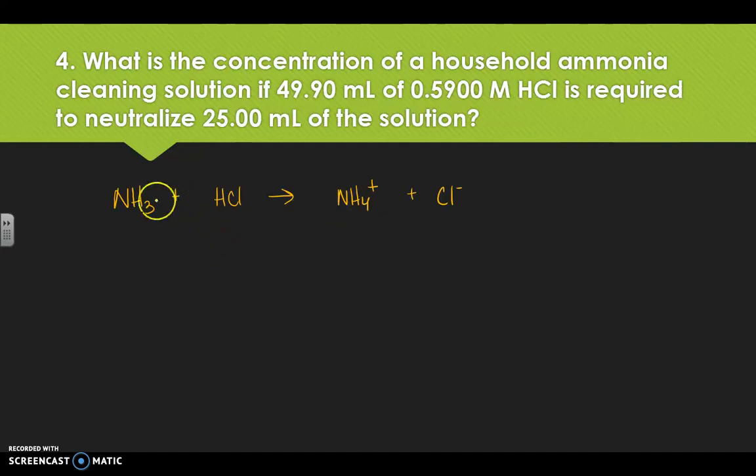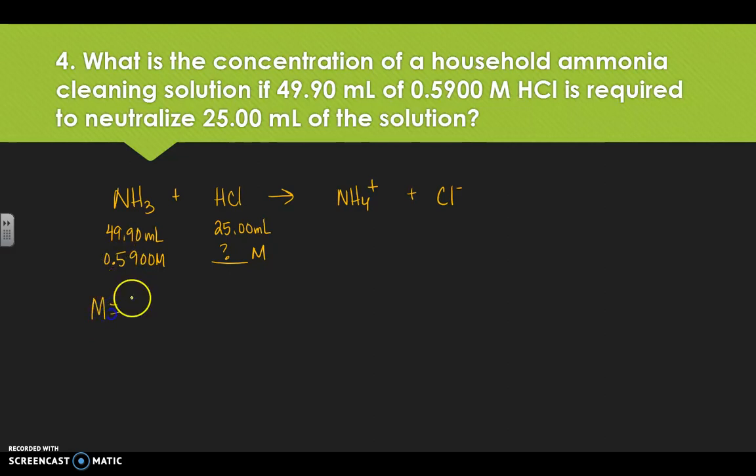It is. All right, and now we know that we have 49.90 milliliters of this solution, and the concentration is 0.5900 molarity. We know that we have 25.00 milliliters of the HCl solution, and we want to know what is the concentration. Okay, same steps as before. Let's use this here to figure out our moles.